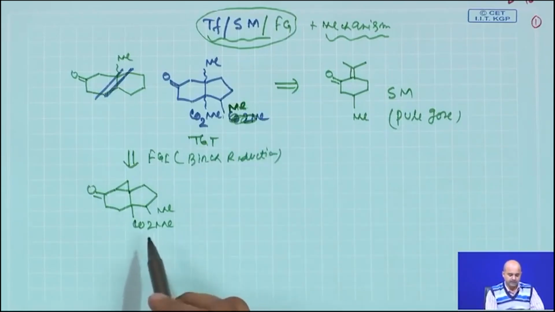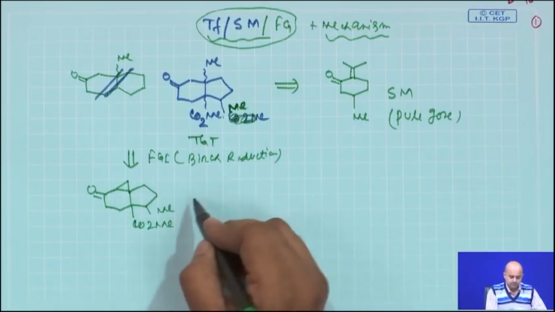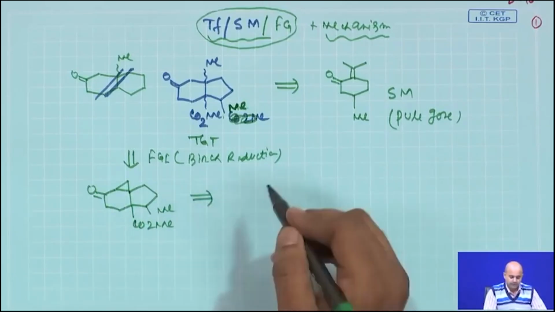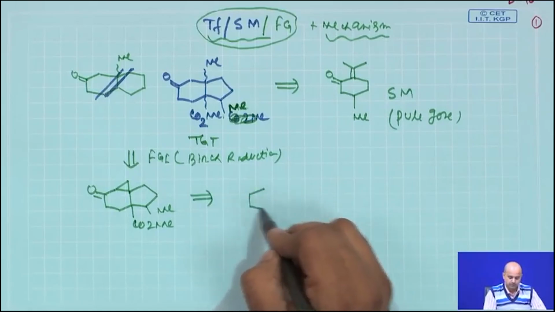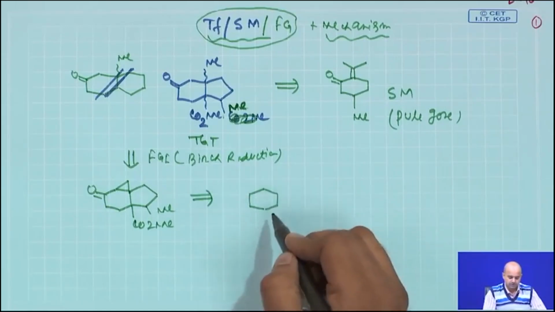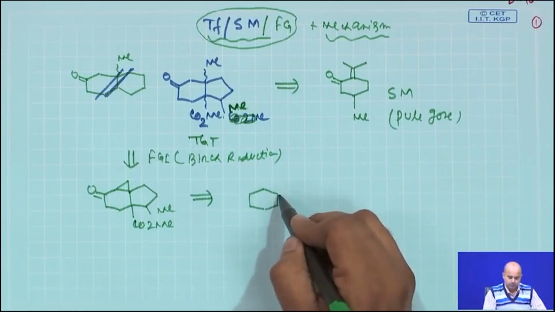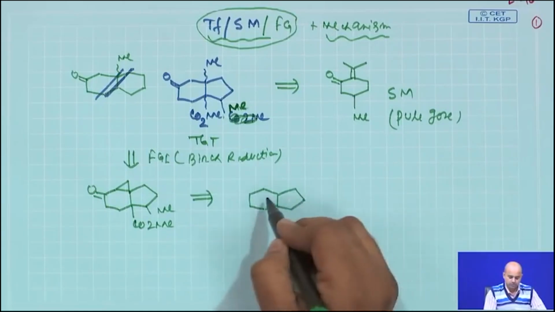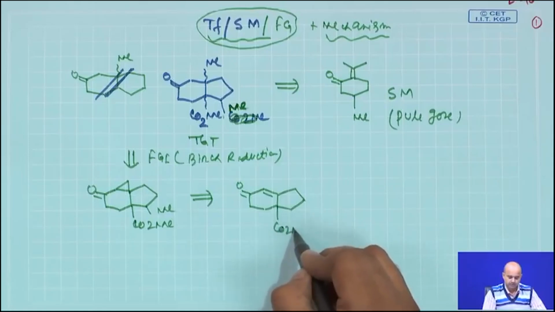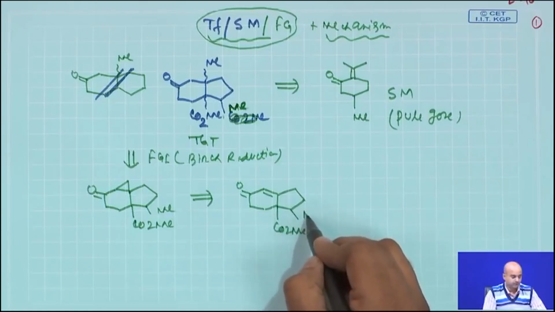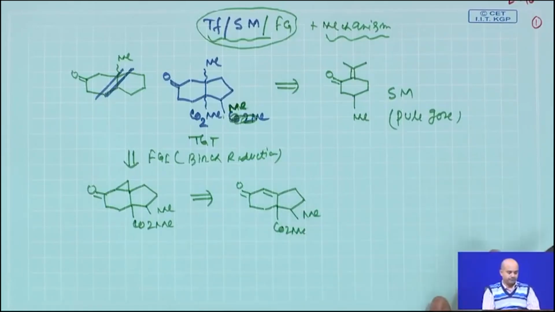And this cyclopropane can easily be constructed through a Simmons-Smith kind of cyclopropanation.